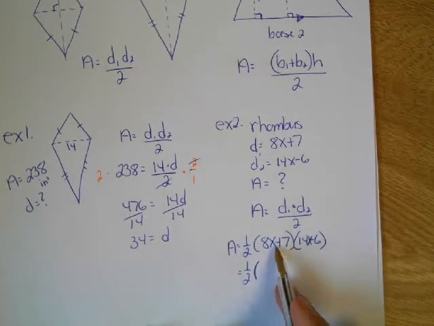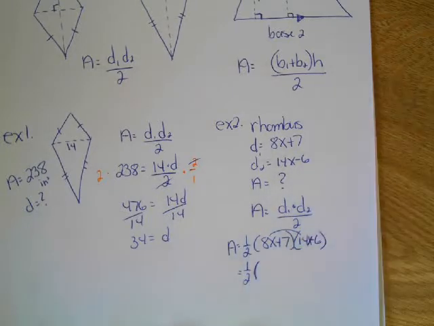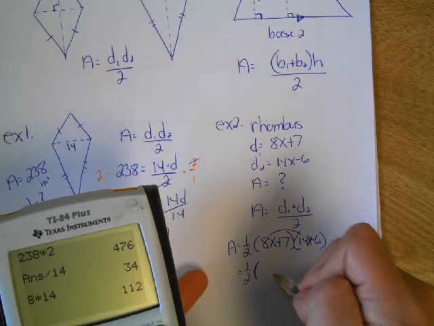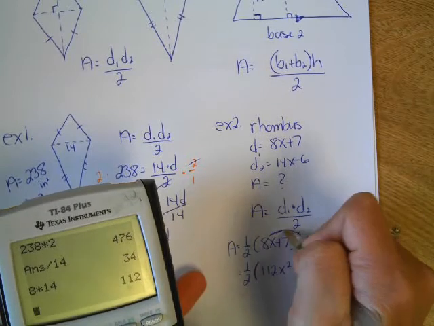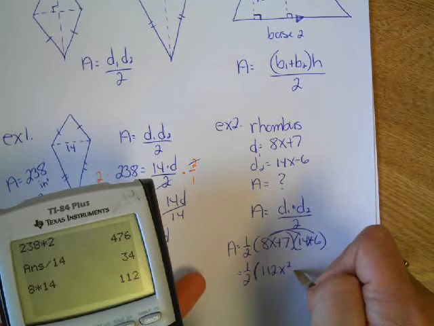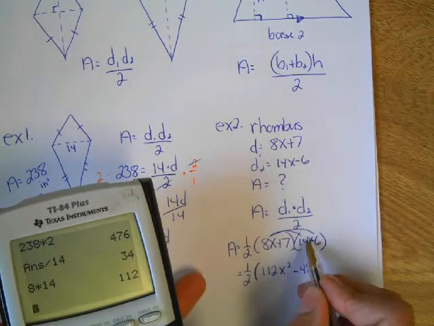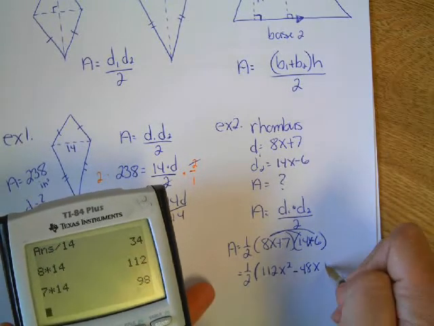Remember from Algebra 1 how to multiply a binomial times a binomial. The correct way to do that is to use FOIL. So we will multiply 8x times 14x. That will be 112x squared. That's a minus 6 there, so 8x times the minus 6 will give us a minus 48x. 7 times 14 is a 98x.